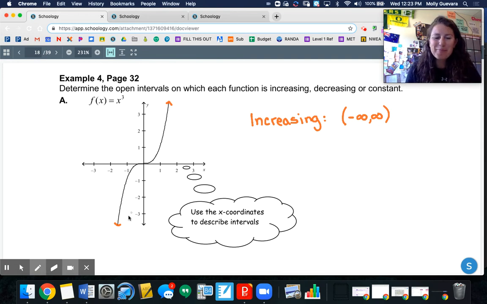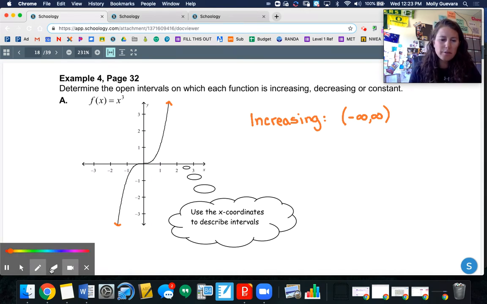So hopefully that makes sense. And we're using the x coordinates. Again, we wrote it up above, but it's here too. From left to right, from negative infinity all the way out here, the graph's increasing, increasing, and so on and so forth.